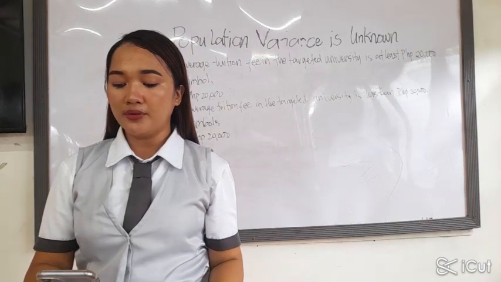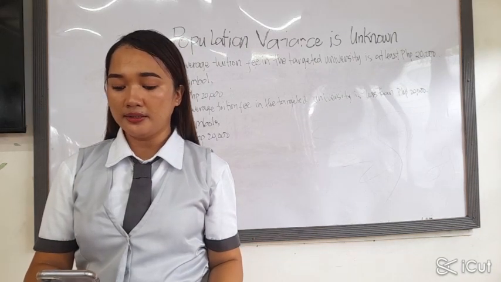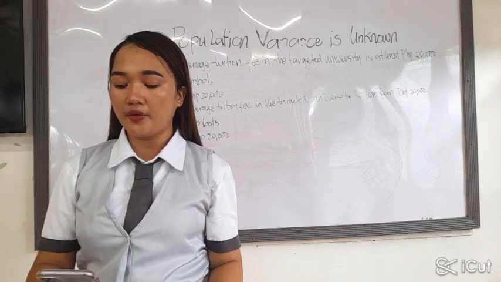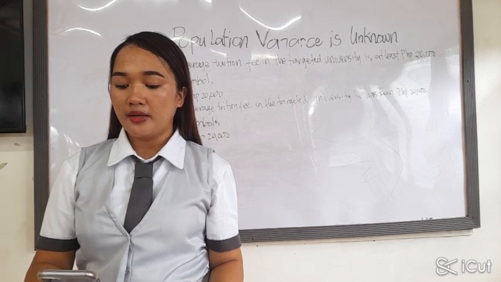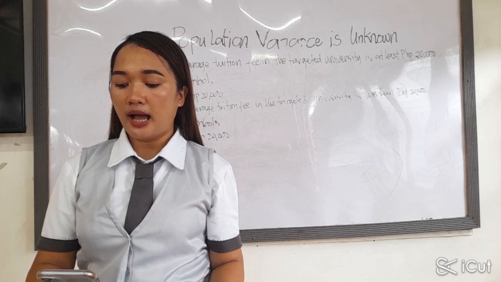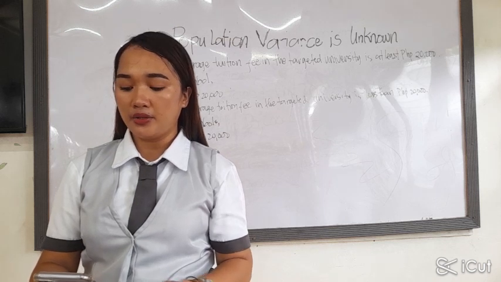Then we will be using the t-test. The test statistic follows the Student's t-distribution with n minus 1 degrees of freedom, which means the Student's t-table will be used for the critical or tabular values.